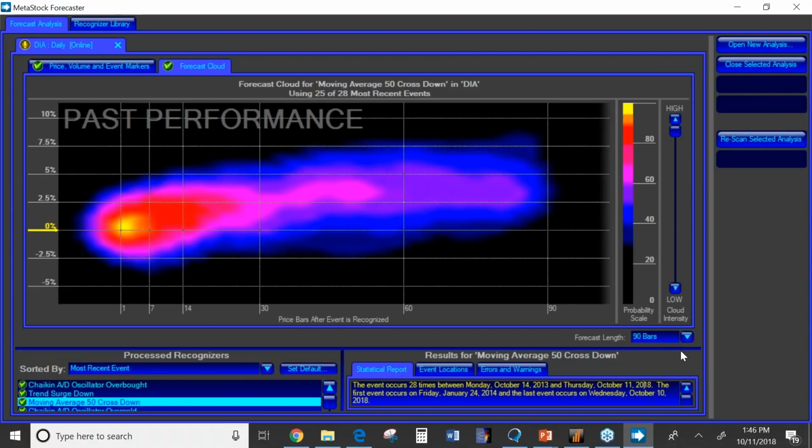So what is this telling us exactly? This is the product of all the statistics. And right here on the bottom, like I said before, we have these intervals of time that you can look at: 1 bar, 7 bars, 14 bars, 30 bars, 60 bars, and 90 bars, okay? You'll see what we call the forecast cloud, but what it's actually doing is trying to give you a probability heat map.